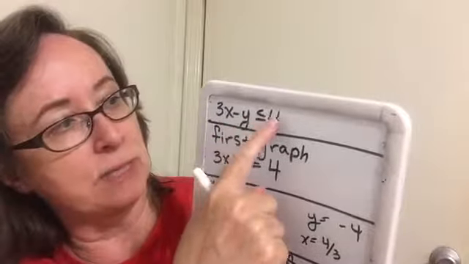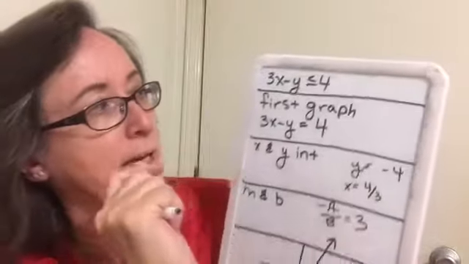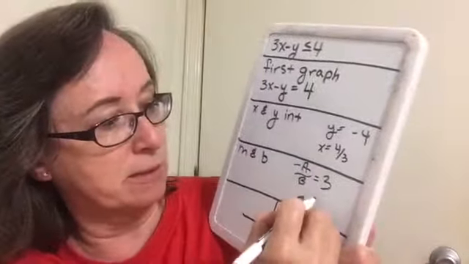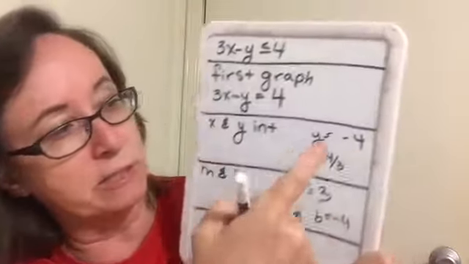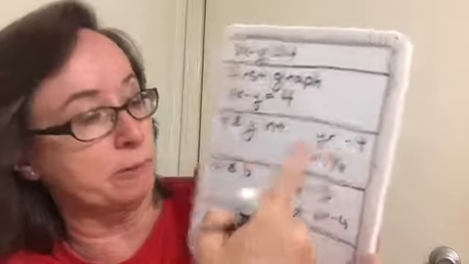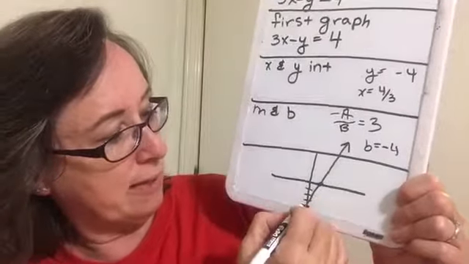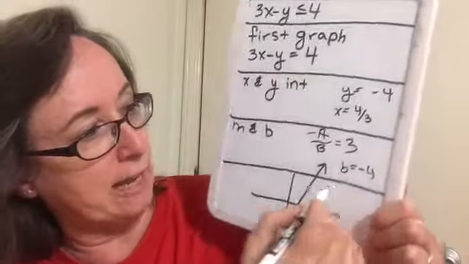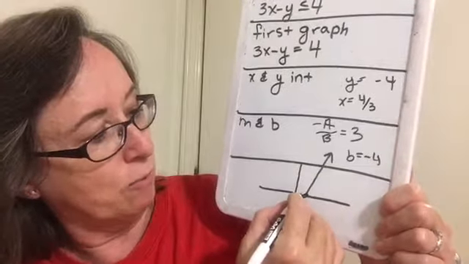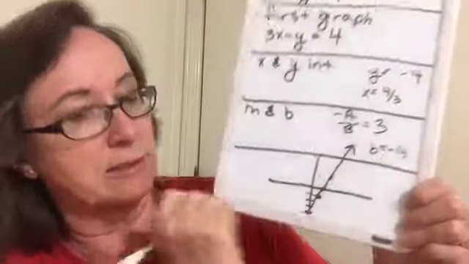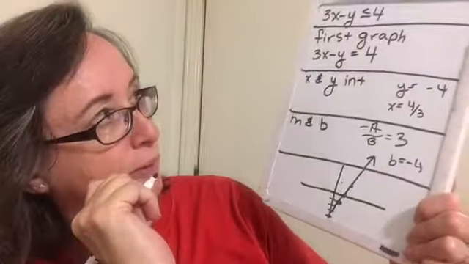And c is 4, b is negative 1, so we get a negative 4. So our little b, our y-intercept, is negative 4, which is exactly what we got before. So we start at negative 4, and we go up 3 over 1, and it looks like we're doing well with our line.